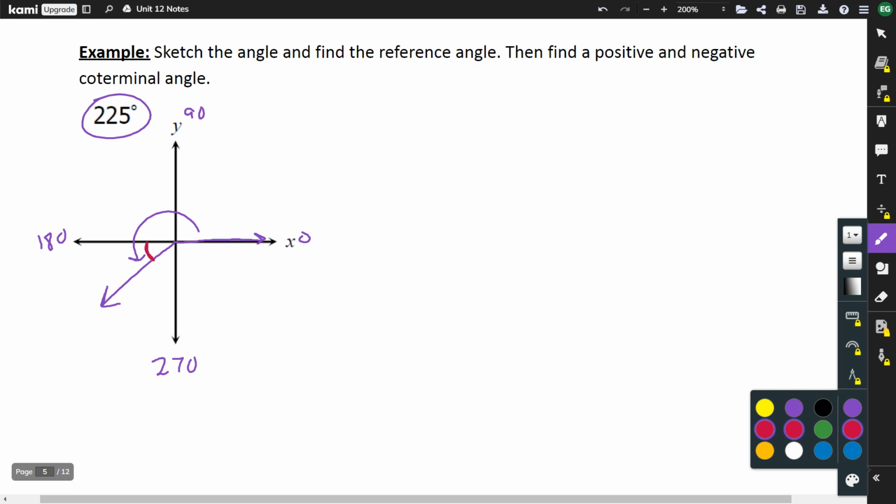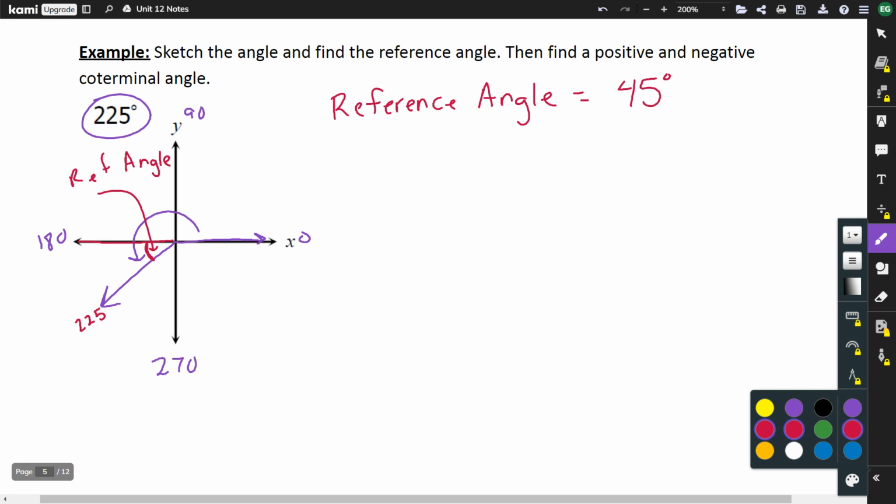So I would be measuring here. Okay, this is our reference angle. Now keep in mind, right here is 180, so we just have to find how far do we go from 180 to get to 225, which is where this landed. Okay, so if we just find the difference there, that would tell us that our reference angle is 45 degrees. Okay, and we can check. We know it's supposed to be positive and acute, right? 45 degrees meets those requirements.